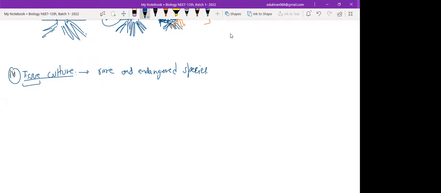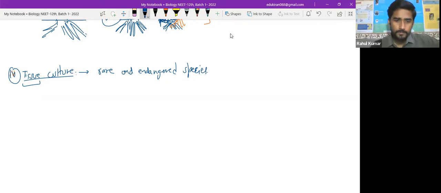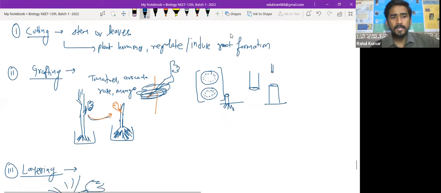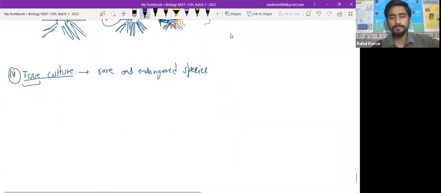Yes. Now look carefully, because let's take the discussion further. Let me give you some concepts: cutting, grafting, layering, and tissue culture. If you look at all these methods carefully, isn't it simply fragmentation and regeneration only? Think about it.